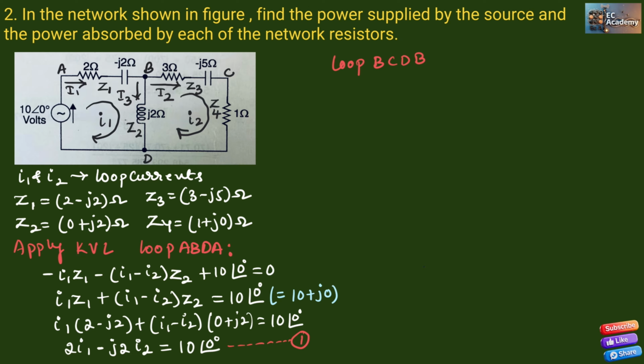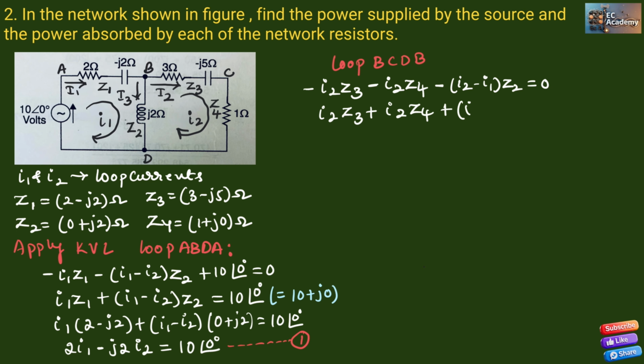So we can write minus I2 Z3 minus I2 Z4 minus (I2 minus I1) Z2 will be equal to 0. This equation we can write as I2 Z3 plus I2 Z4 plus (I2 minus I1) Z2 is equal to 0.